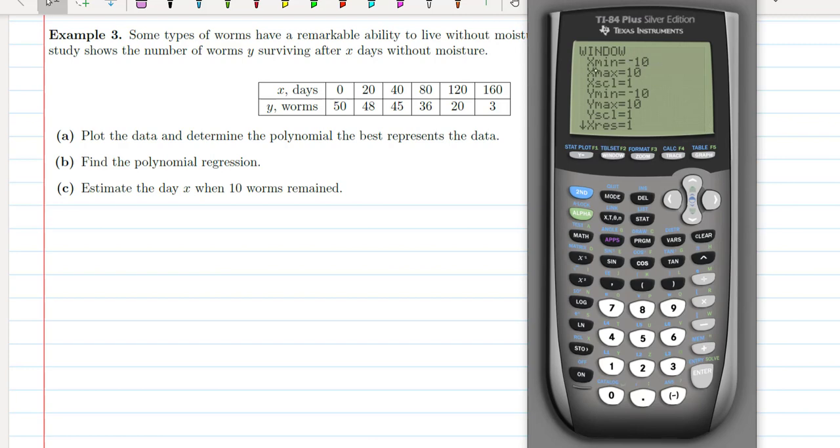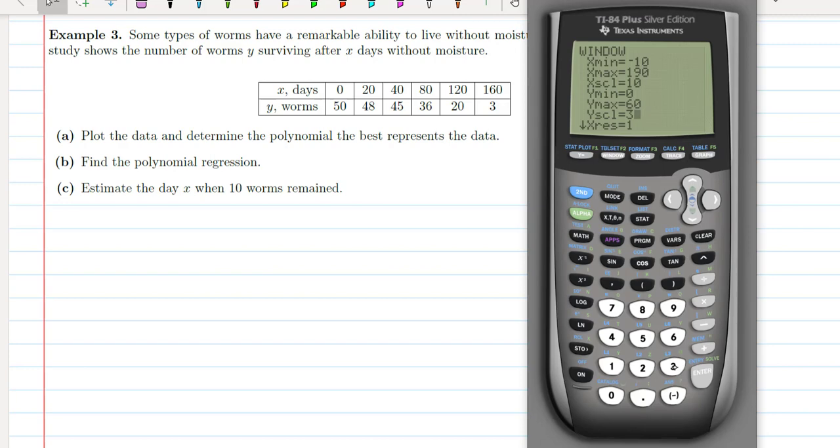So I'm going to leave x-min at -10, but I'm going to make my x-max 190, and then change my x-scale to 10. I'm going to make my y-min 0, and I'm going to change my y-max to, say, 60, and then I'm going to change my y-scale to 3.